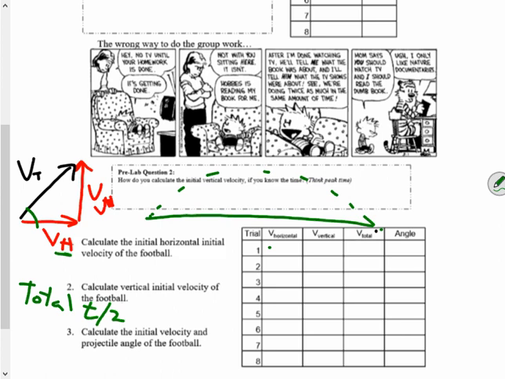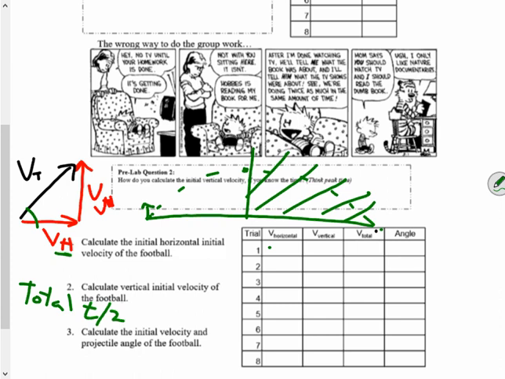Then this is going to be just like the Bryce Harper lab, where you're going to look at, I need the initial vertical velocity. I'm looking at only the trip going up. You could look at the trip going down too, but I'm only going to look at the trip going up.